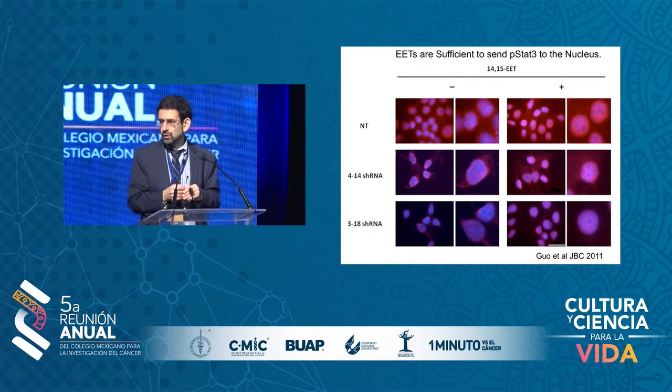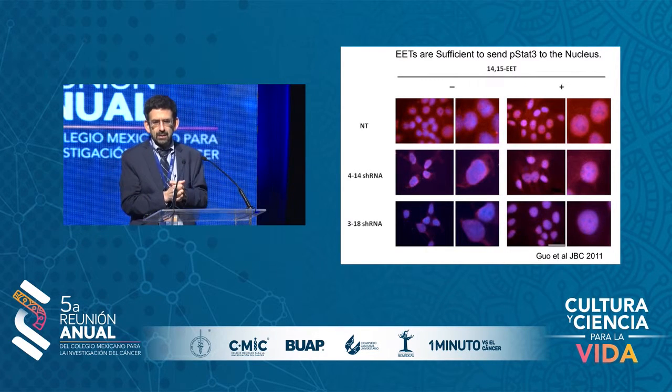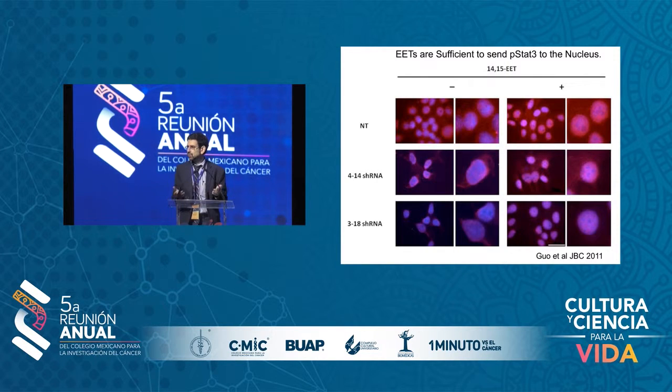So how do we get into metformin? And this slide that I'm showing you is really the pivotal slide that led us in this direction. So Dr. Stephen Wode's laboratory was interested in how these EETs affect signaling in breast cancer, and in particular, estrogen receptor positive, HER2 negative breast cancer. And so these are MCF7 cells, and what he was able to show is that if you knock down CYP3A4, the breast cancer cells grow poorly, and when you look at phospho-STAT3 in the nucleus, phospho-STAT3 is diminished.